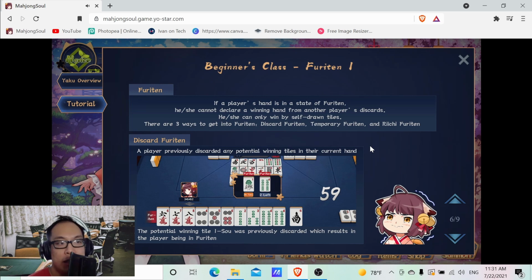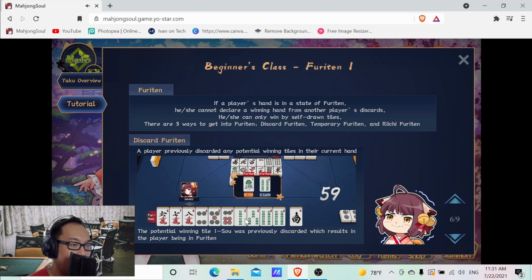Now, Furiten is basically, let's say in this example, you didn't think you needed the 1 of bamboo, but then it turns out, in order for you to declare reach or to win, you needed the 4 or the 1 of bamboo.